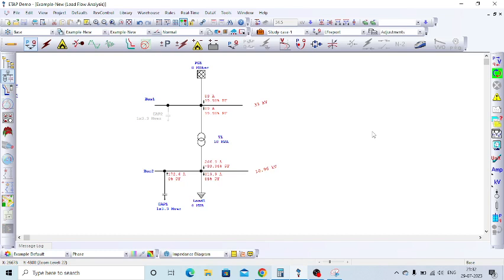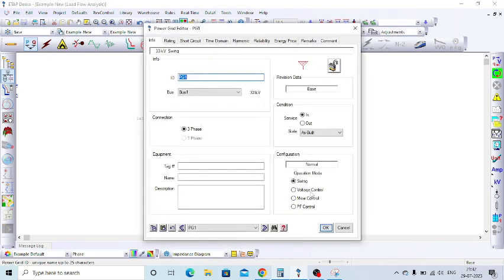So is everyone clear as of now? If anyone has a doubt, please unmute and I will clarify. How is the grid modeled here? I could not get you, can you please repeat? How is the grid modeled? So the grid is modeled as a swing bus.